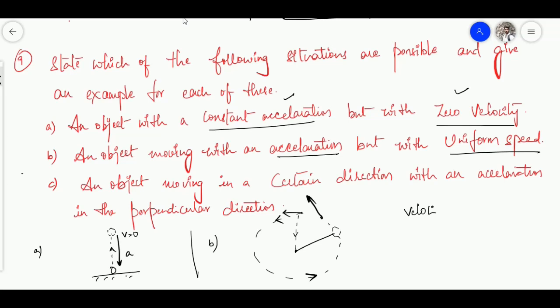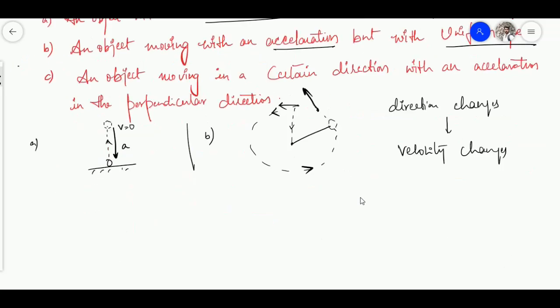Let me write here: direction change means velocity changes. And I can say it is accelerated motion, or it is an acceleration. So it's possible. So B is also possible.